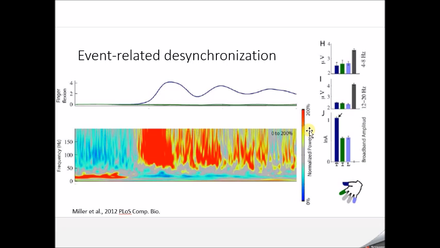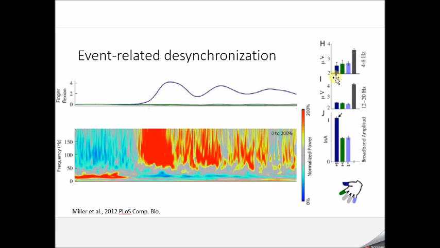This is illustrated by the plots on the right here, where these two low frequency ranges, the theta band and the beta band, show that this black bar is representing a lack of movement, while these three colored bars are the movement of the fingers shown on the bottom here.